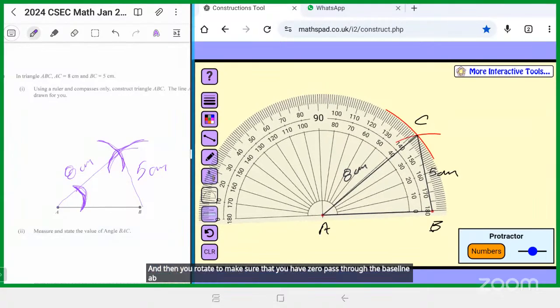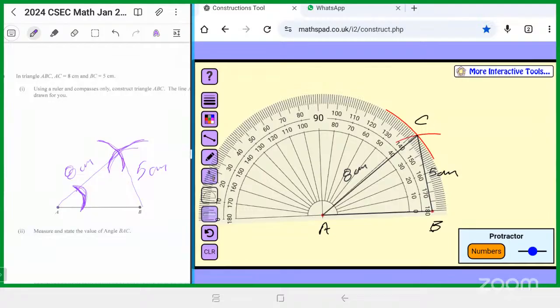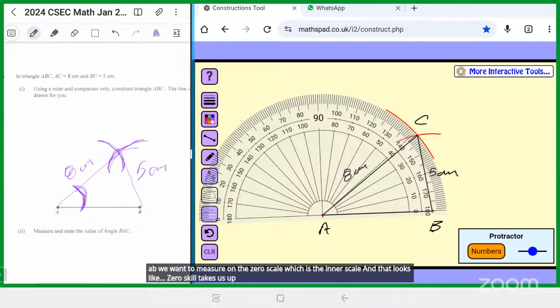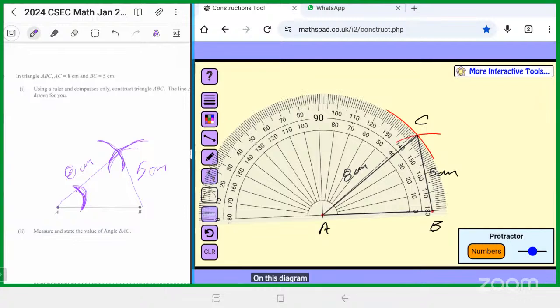We want to measure on the 0 scale, which is the inner scale. That looks like it takes us up to about 38.5 degrees on this diagram. I don't know what it is on your actual paper, but on this diagram, it is 38.5 degrees.